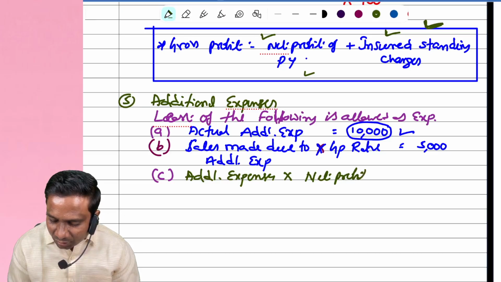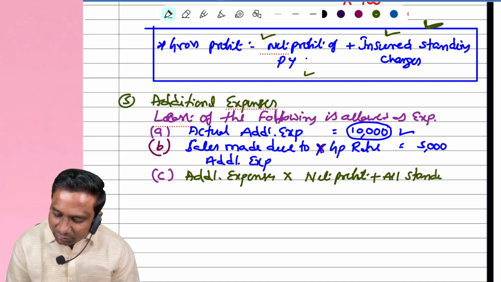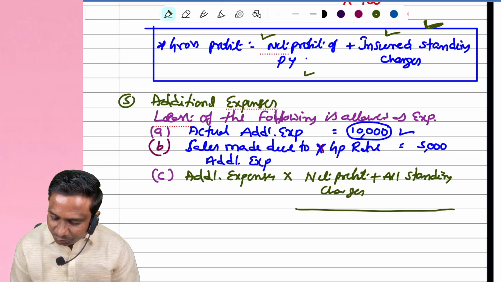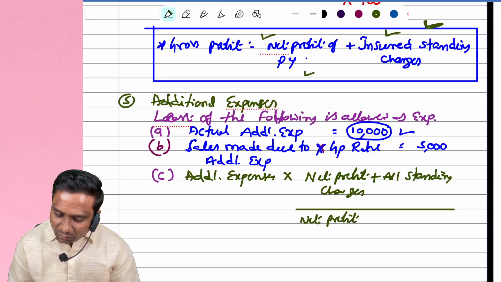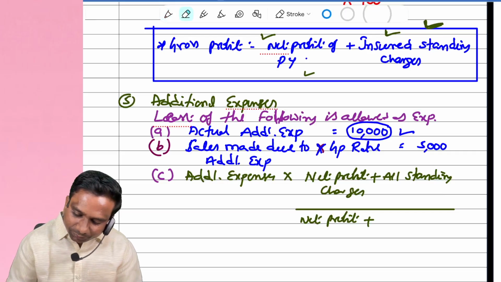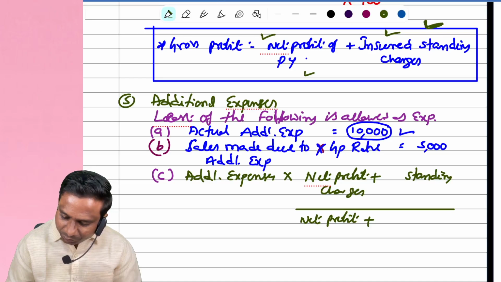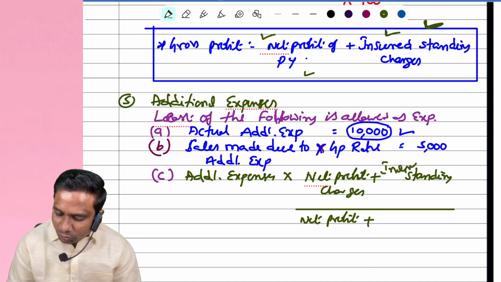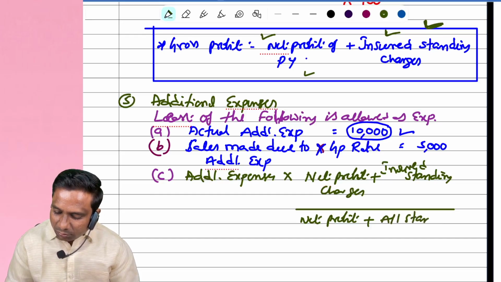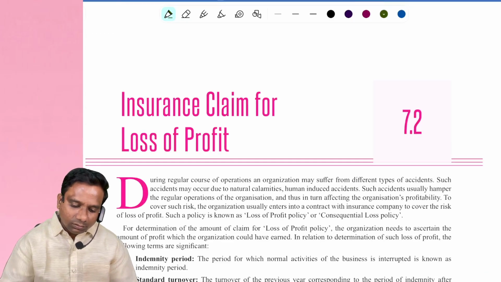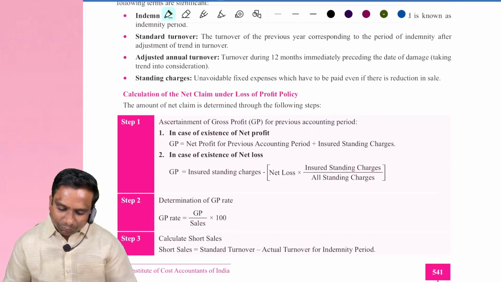Means net profit plus all standing charges divided by net profit plus insured standing charges divided by net profit plus all standing charges. This is the formula we use.